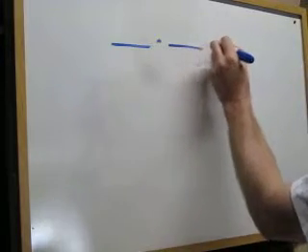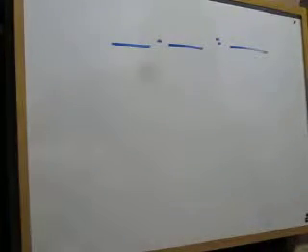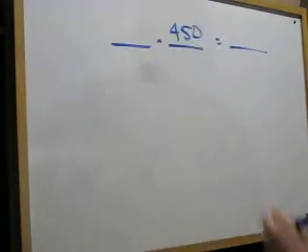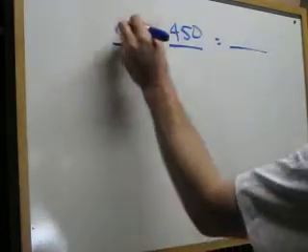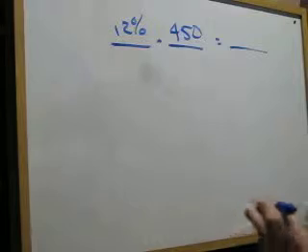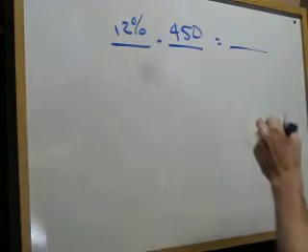All right, one more here. A man buys a washing machine on sale. The machine usually sells for $450. It's on sale for 12% off. If the sales tax is 5%, how much is the total bill? Well, let's just find out how much it is being on sale.